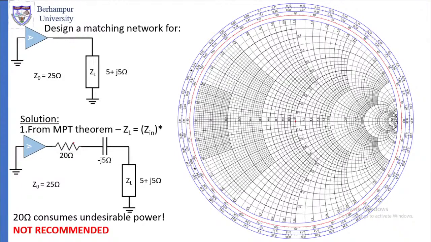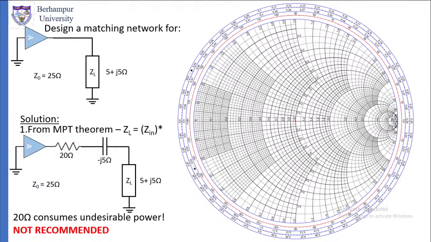The amplifier is there. After the amplifier, the load is there, 5 ohm. Amplifier output is 25 ohm, so the difference is 20 ohms. So what we will do is add a 20 ohm resistor after the amplifier. So the resistance part becomes 20 plus 5 because they are in series.